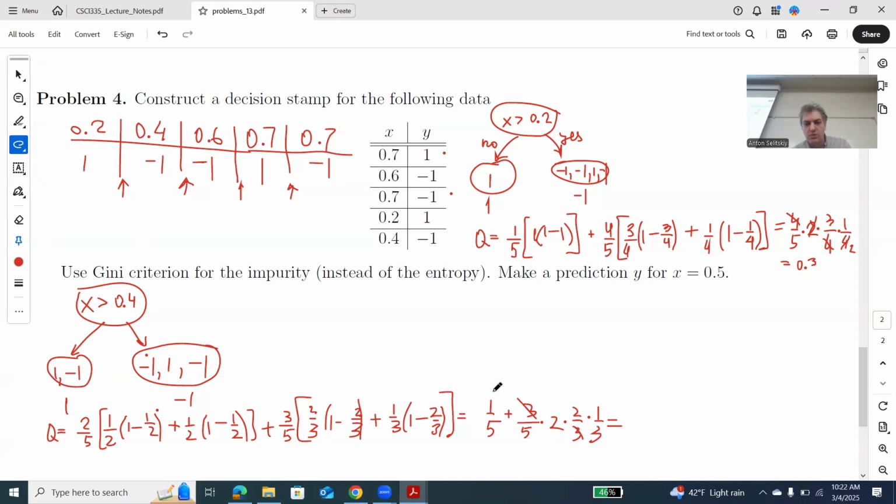And to use the common denominator, we will multiply the first fraction by 3. So we will get here 4 plus 3, 7/15, if I'm not mistaken.